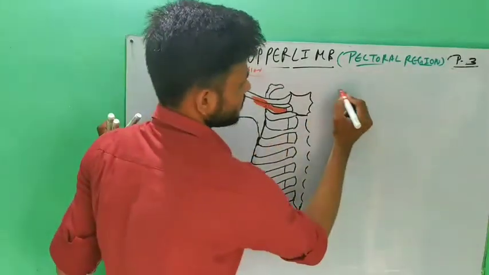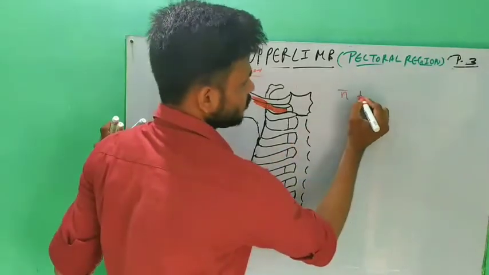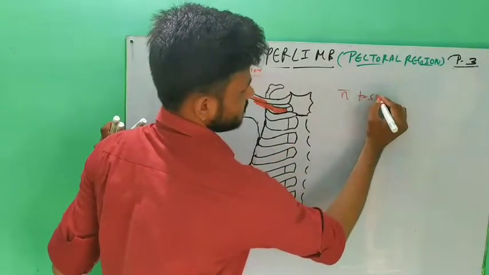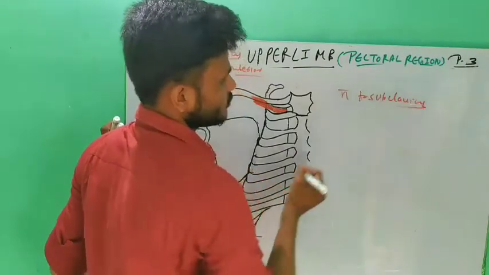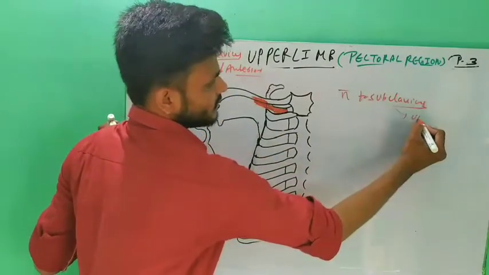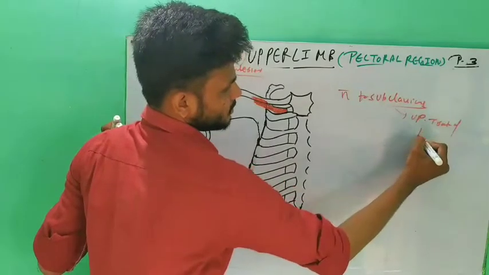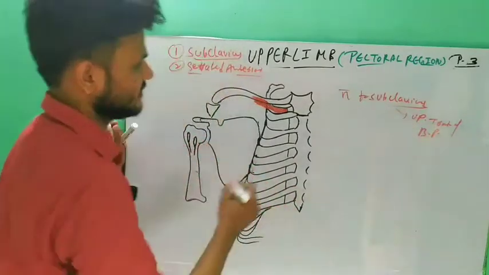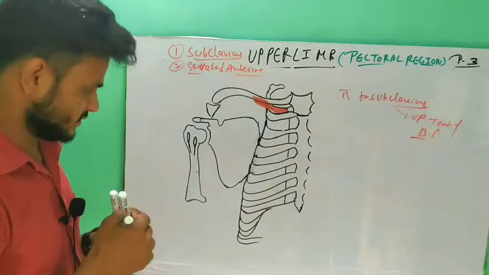Now the nerve supply of the subclavius muscle is the nerve to subclavius, and this is a branch of the upper trunk of the brachial plexus.